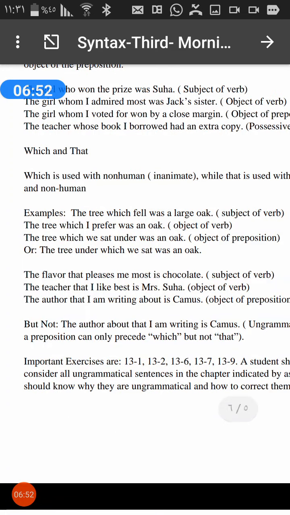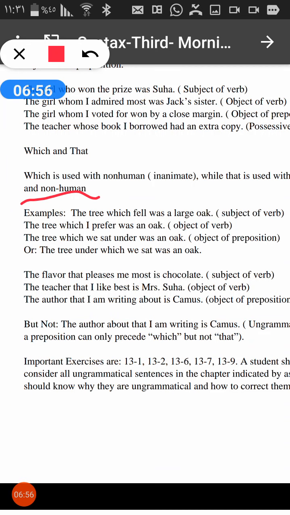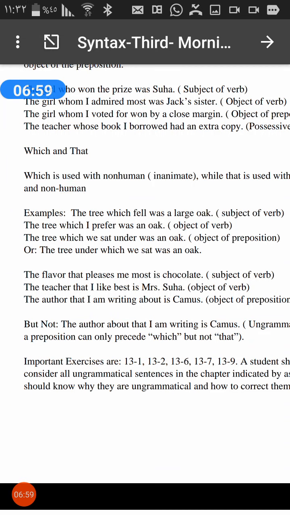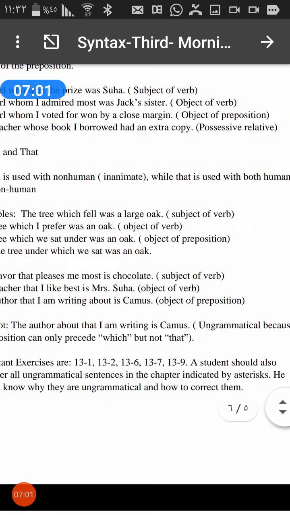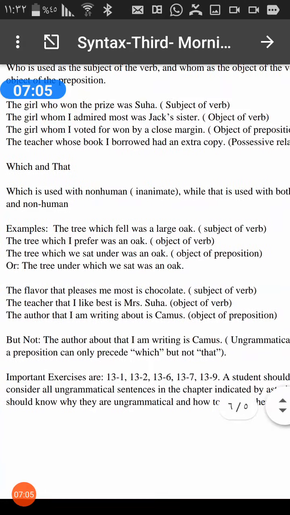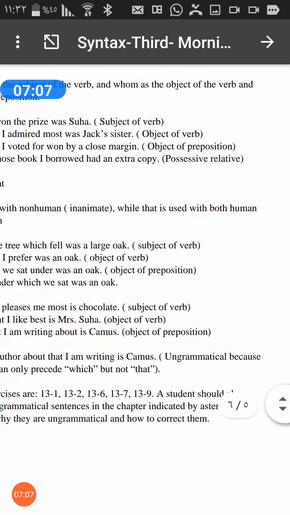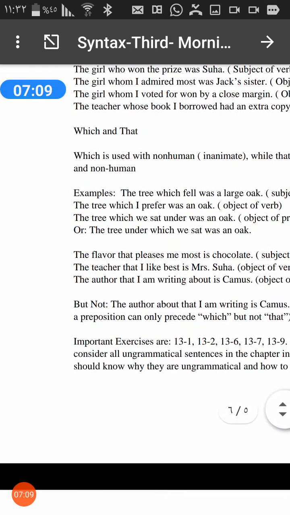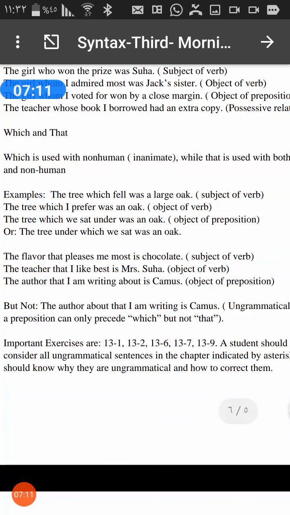أولا, which is used with non-human. which تستخدم مع غير العاقل inanimate, while that is used with both human and non-human. So the first difference between which and that, which is used only with the inanimate, with the non-human.